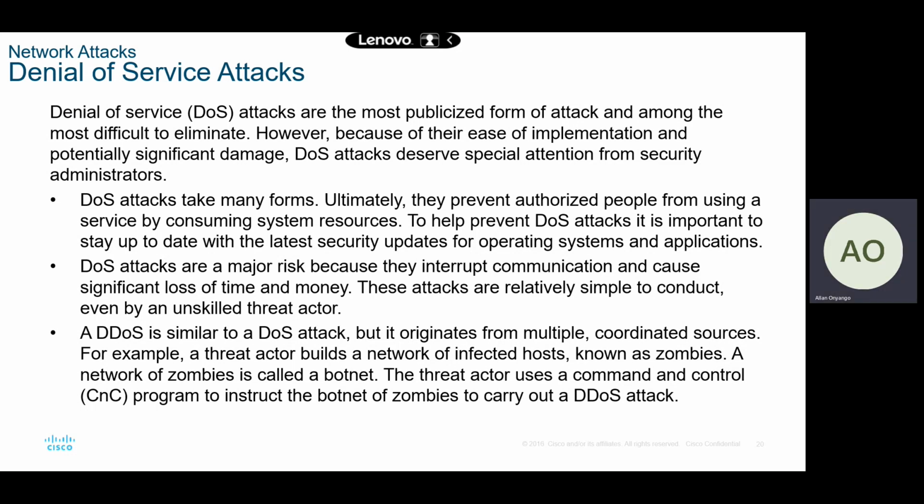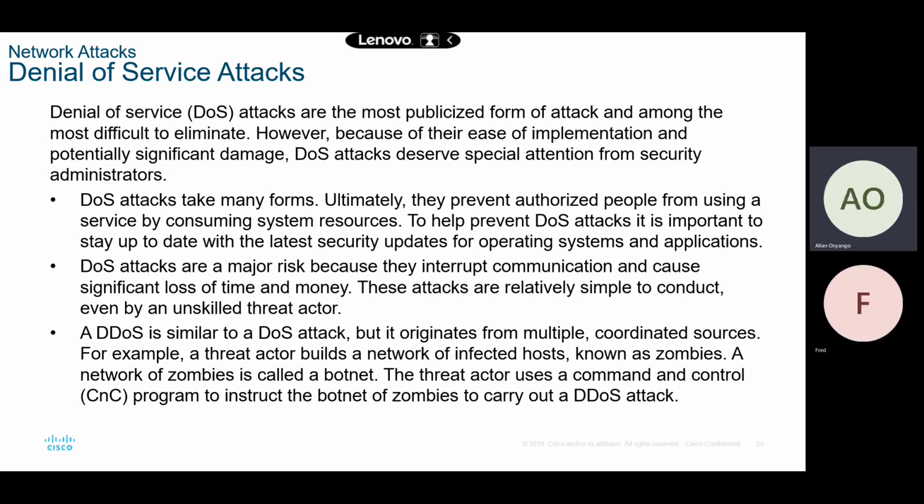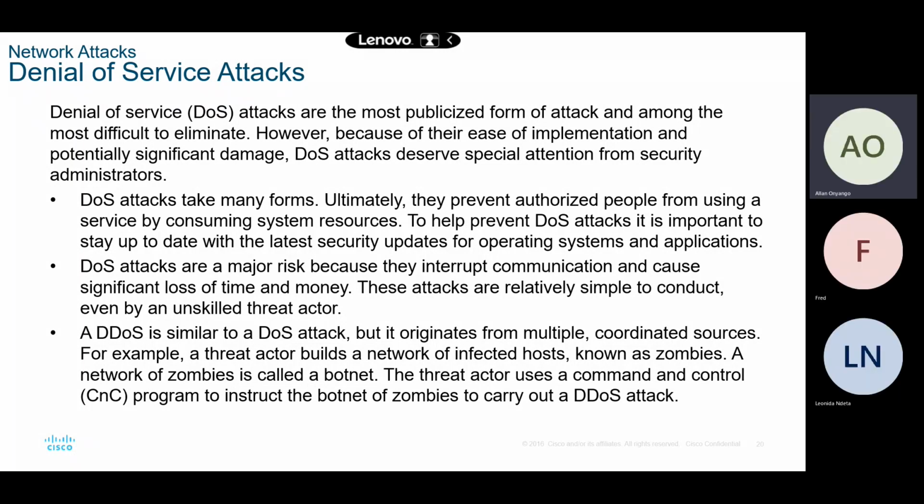The distributed one is multiple DoS attacks. The denial of service attack comes from one particular device or one particular hacker. But the distributed one is now coordinated and it comes from multiple sources.